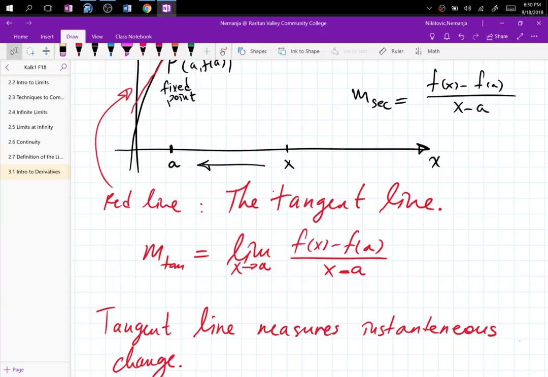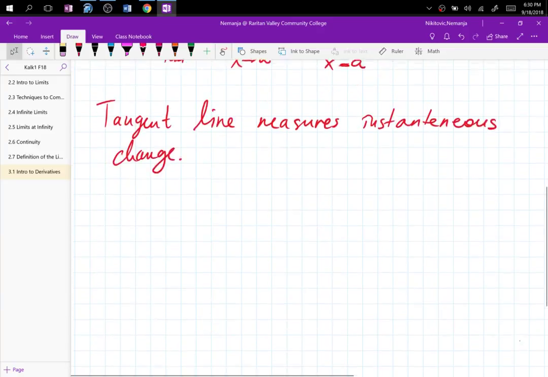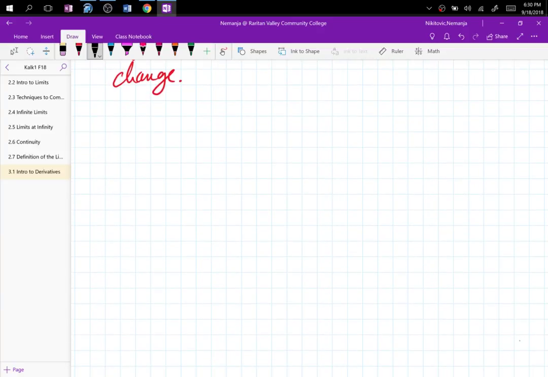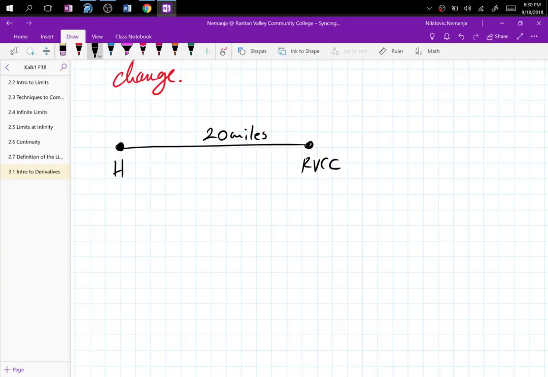Another idea that we use to describe the difference between the two is driving. If you go from your house to RVCC, 20 miles, in 40 minutes, I will say that your average speed was 30 miles per hour.